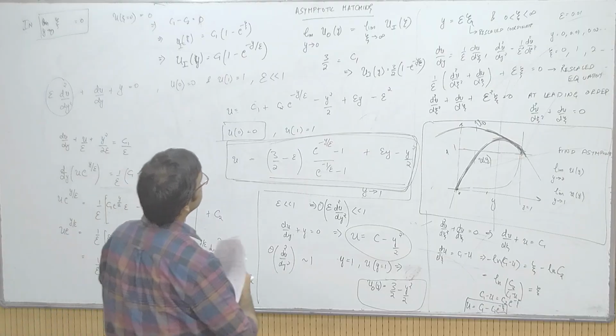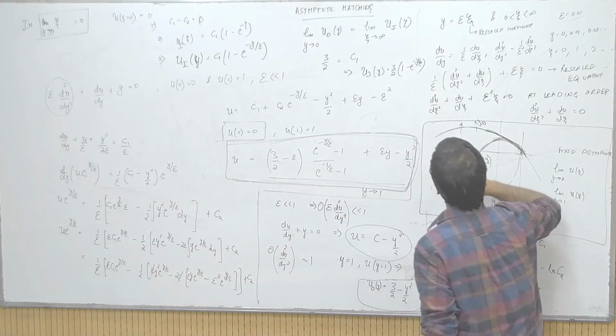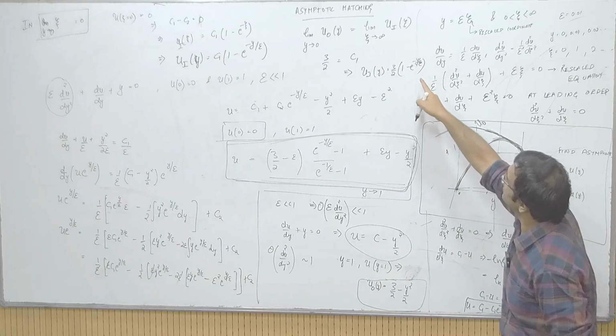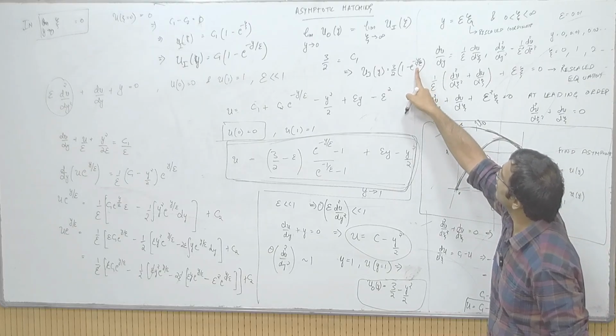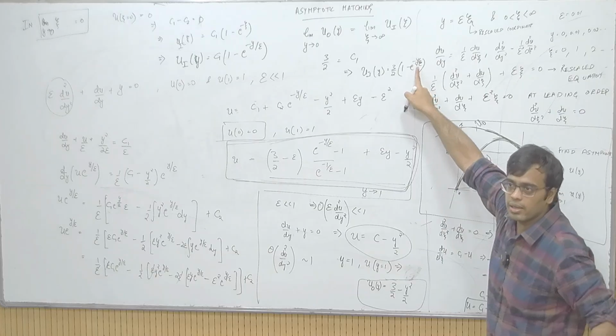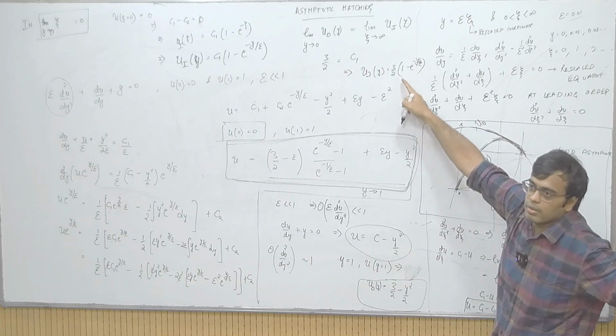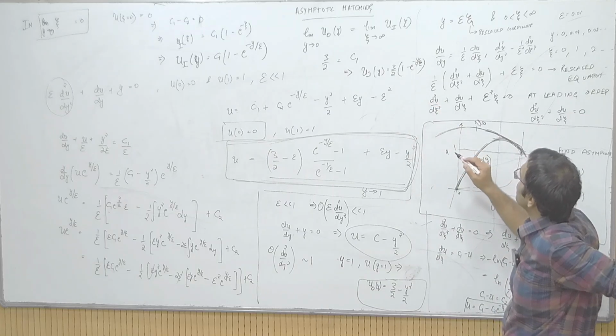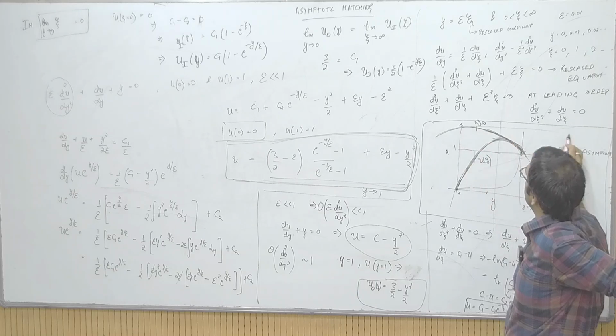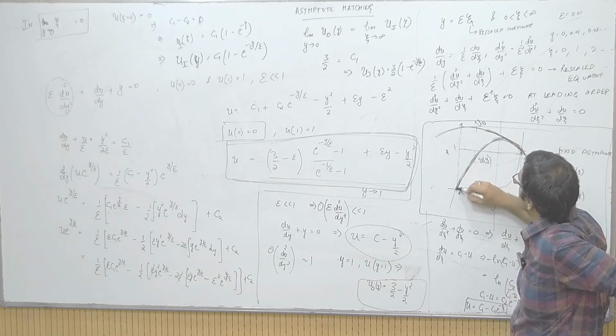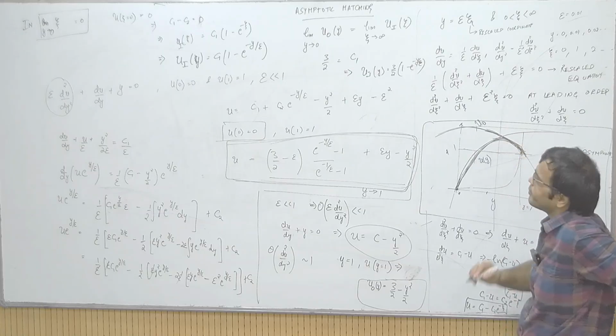So that means if you were to plot this function, for y tends to infinity, what is the asymptote of this function? 3 by 2. So this function will actually look something like this if you were to plot it.